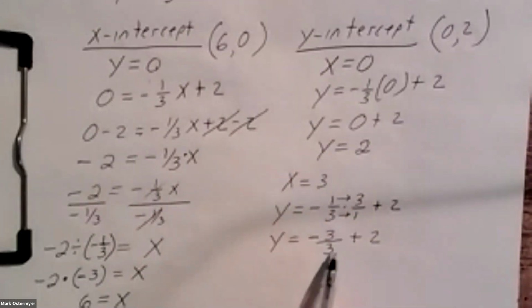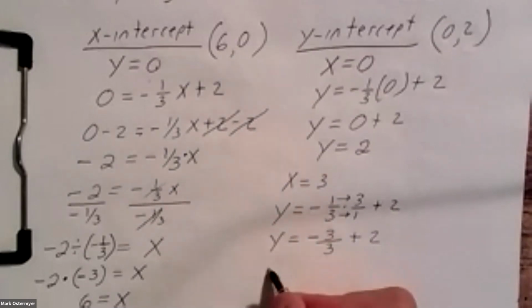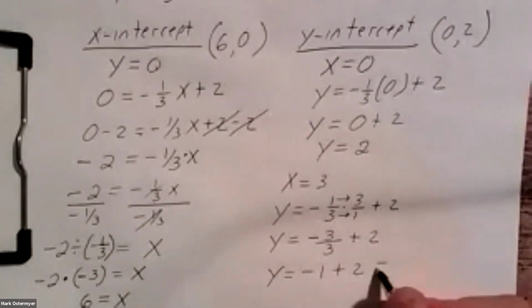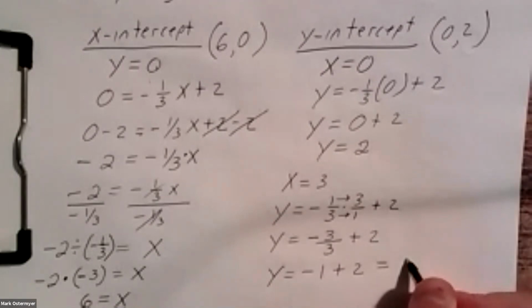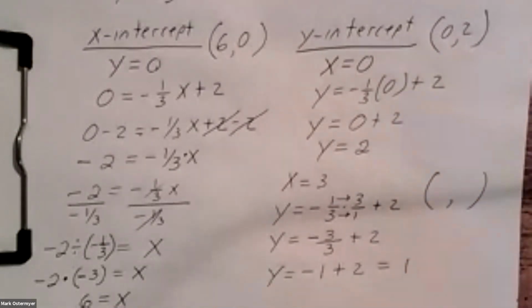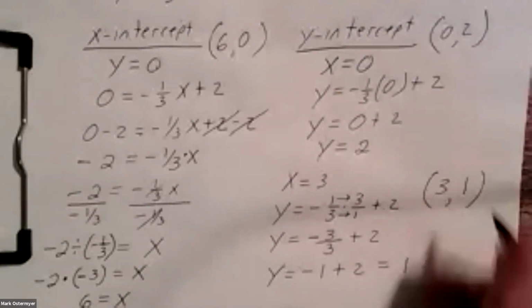It reduces to negative 1. What's negative 1 plus 2? +1. What's another ordered pair that I generated as a solution to my equation? 3, 1.